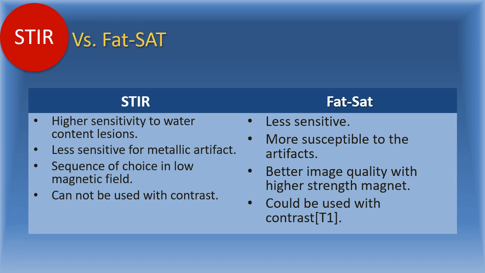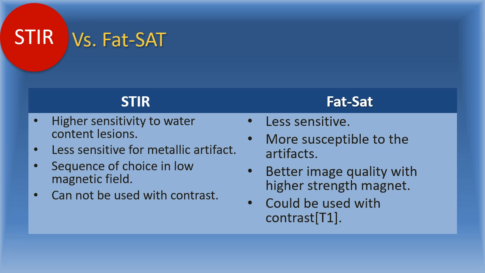So it's very sensitive for these occasions. Another feature, very important for MSK, is that it's less sensitive to metallic artifact. This is a common scenario in MSK when you are imaging a body part with a nail fixation or intramedullary nail. You will find that STIR has less susceptibility to artifact compared with fat set.